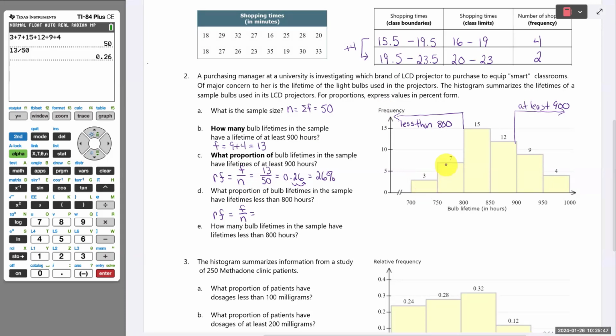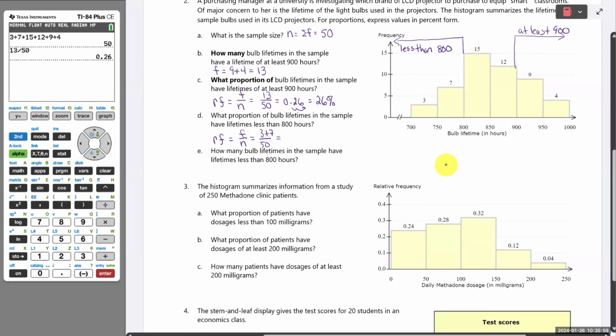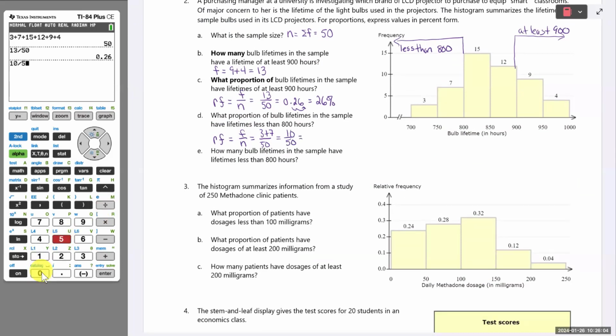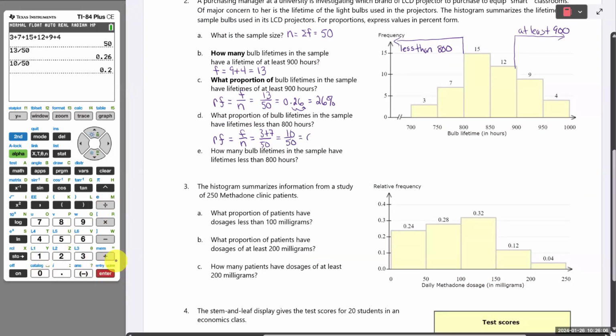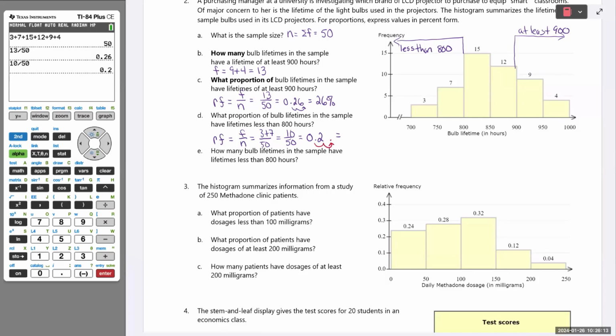So in this case, it would be 3 plus 7 out of, because we want proportion, out of those 50 bulbs. So that is 10 over 50. Again, you can use the calculator to change that into decimal. And then just be careful when you move that decimal 2 places to the right. You're going to have to fill in that missing digit with a 0. So that's going to be 20% of light bulbs.